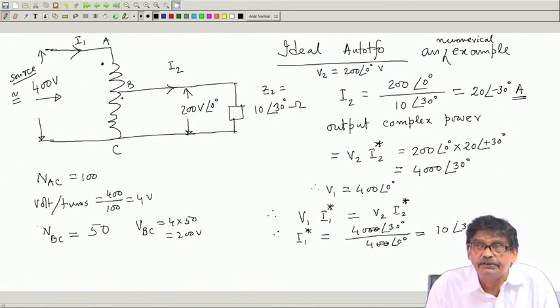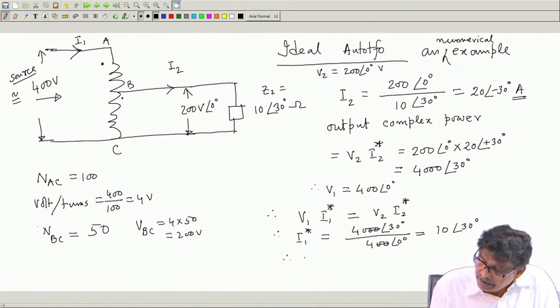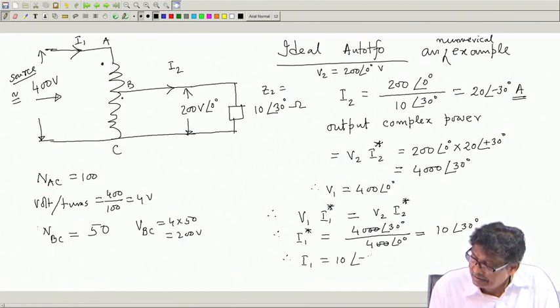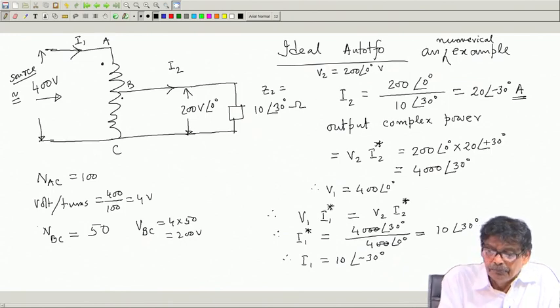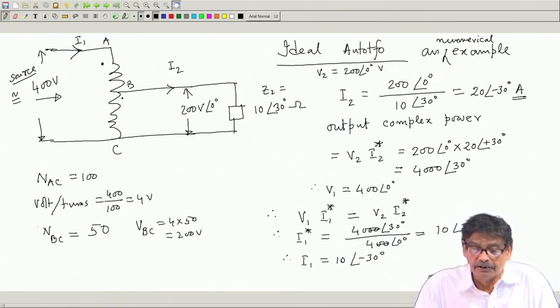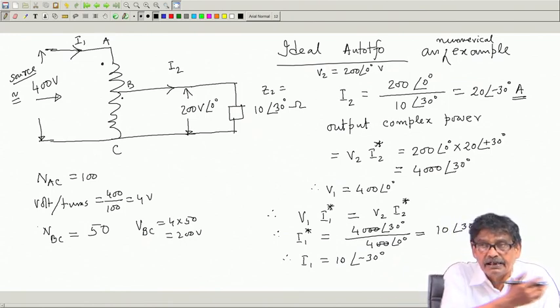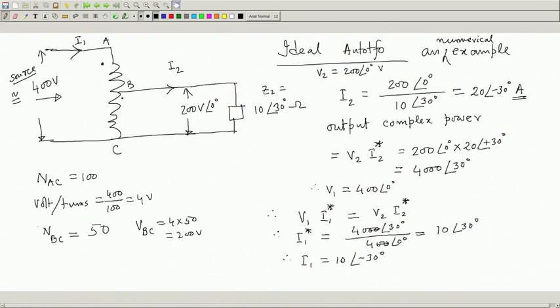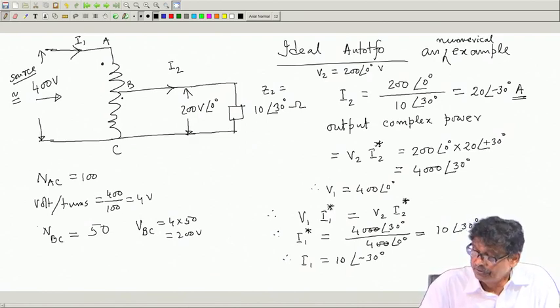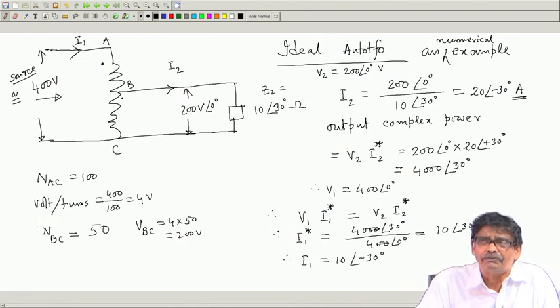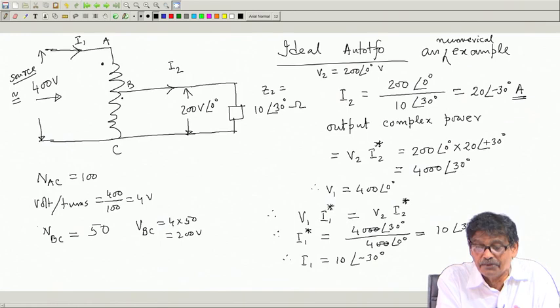But mind you, this is I1 star, therefore, I1 will be 10 minus 30 degree. Therefore, balancing the power on the load side, and that is the power drawn from the source, you can avoid several physical things what is going on. That is, I know I1 now.